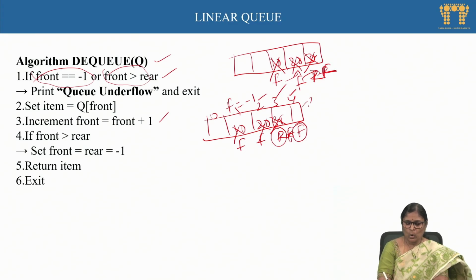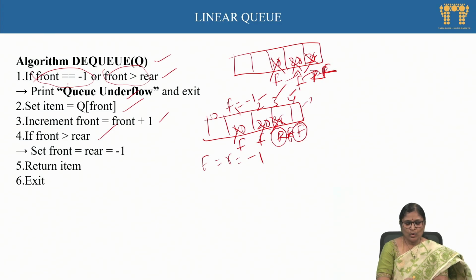In this situation also your linear queue will be empty. So if this condition arises, both front and rear you set to minus 1. So whenever you perform a dequeue operation, first check for the underflow condition, and otherwise if your elements are existing, you delete it and then increment it.